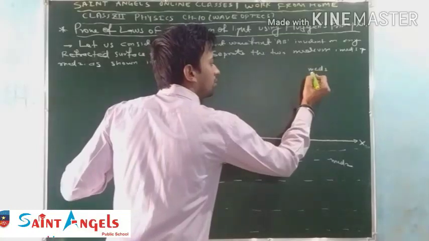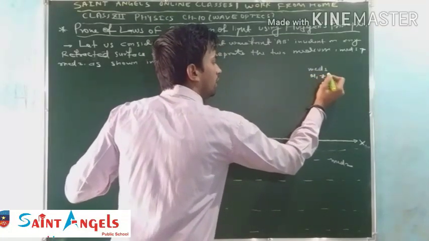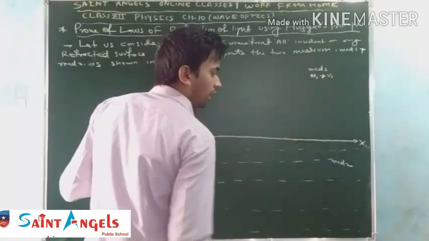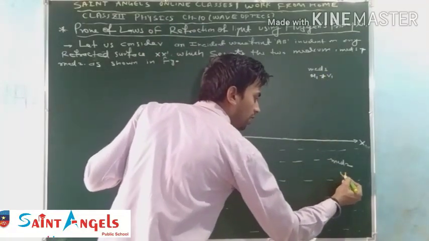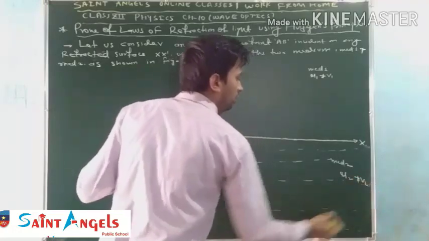Consider the refractive index of medium first is mu1 while the speed of light in this medium is v1, and the refractive index of medium second is mu2 while the speed of light in this medium is v2.